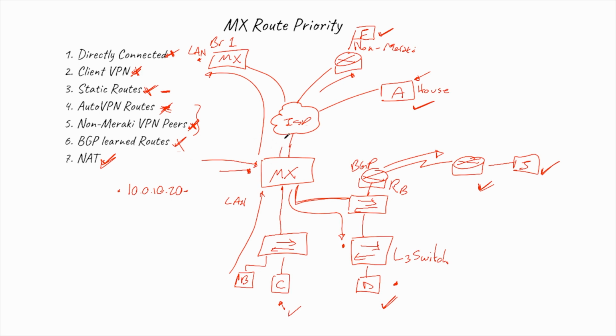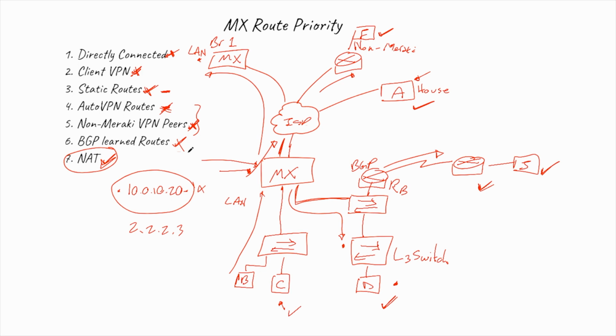It's going to send it through the internet, but we can see that it's a private address, so most likely it's going to drop it. But if this were, let's say, a public IP address, yes, it'll send it through the ISP. That's why the NAT is the last resort for all the traffic that the MX is going to receive from any places. So that's how the MX route priority works.